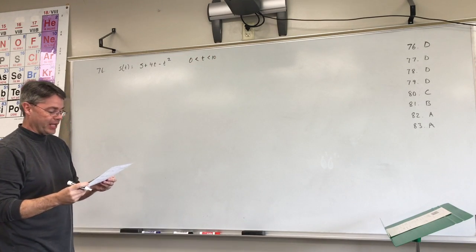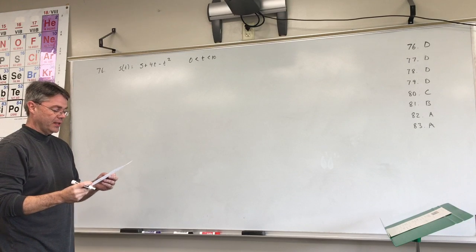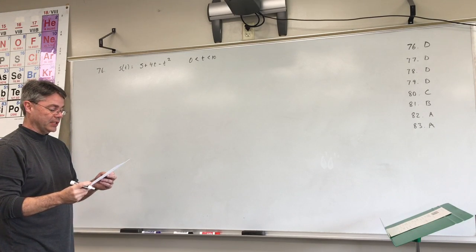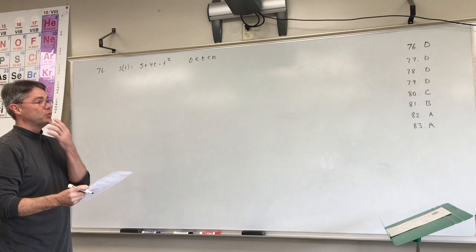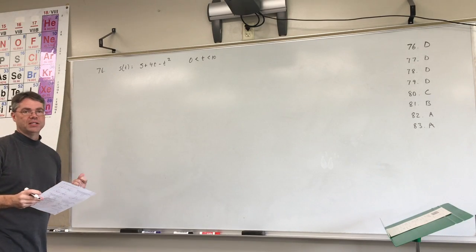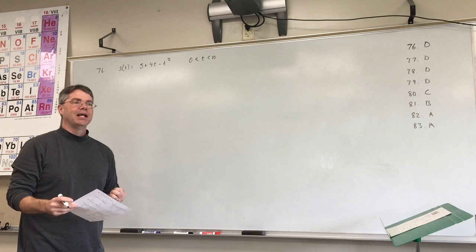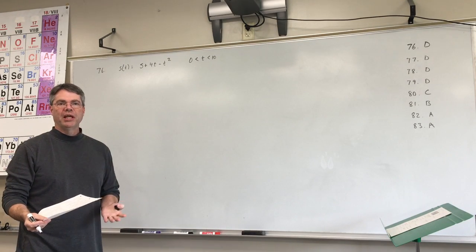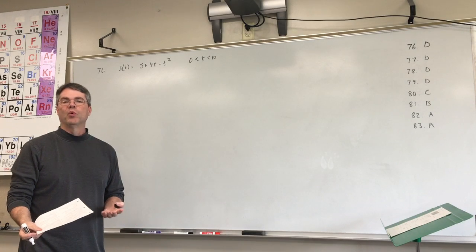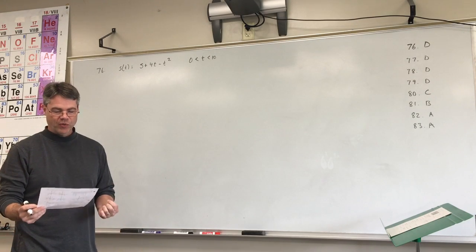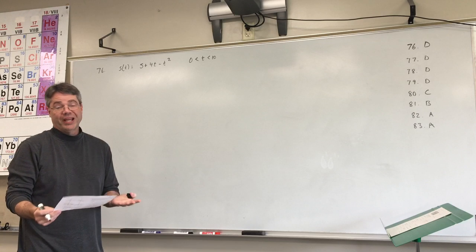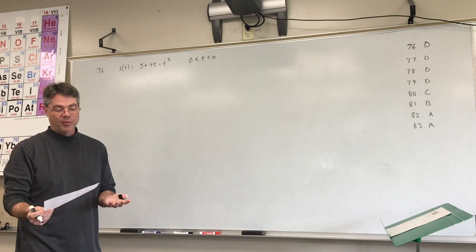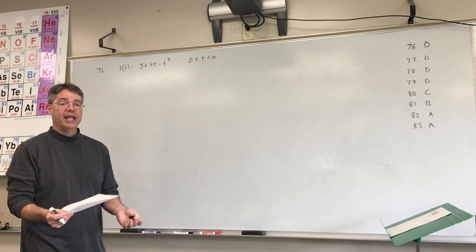What is the maximum speed of the particle between 0 and 10? Now, this one is a little tricky. You have to remember that speed is not velocity. Speed is going to be a positive number. It doesn't worry about direction. So you had to remember your physics. That's kind of tough. Automatically, that throws out A.